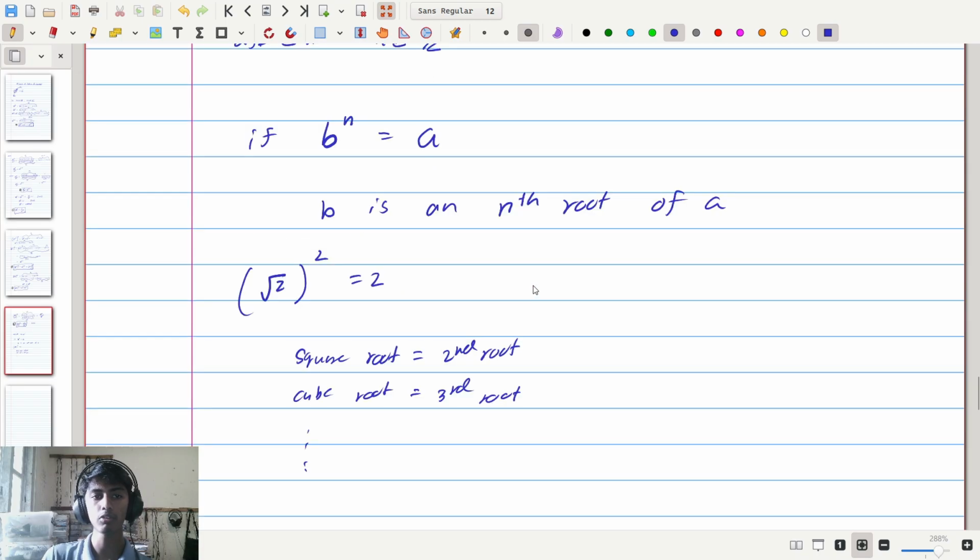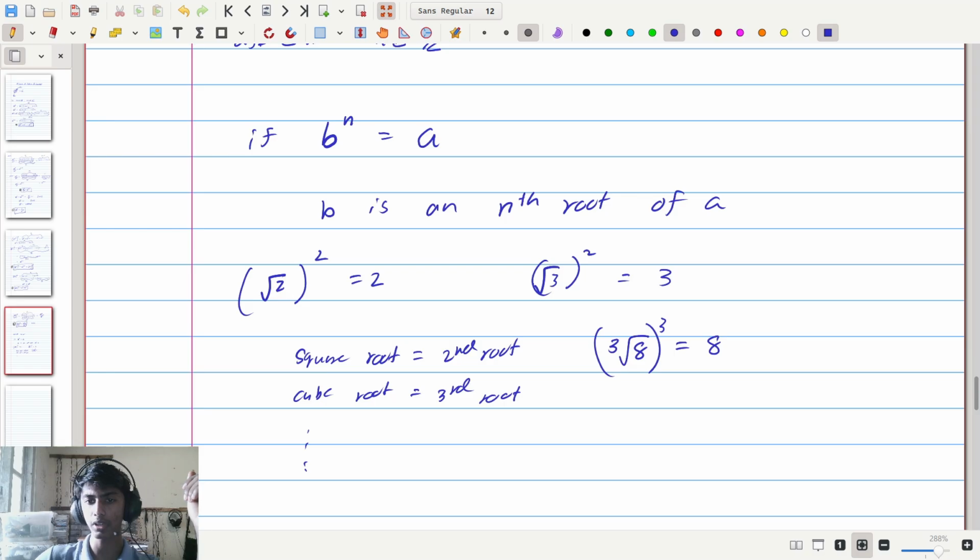So here, what we mean by the square root of 2 is that the square root of 2 to the power of 2 is equal to 2. What we mean by the square root of 3 is that the square root of 3 to the power of 2 is equal to 3. What we mean by the cube root of 8 is that the cube root of 8 cubed is equal to 8.